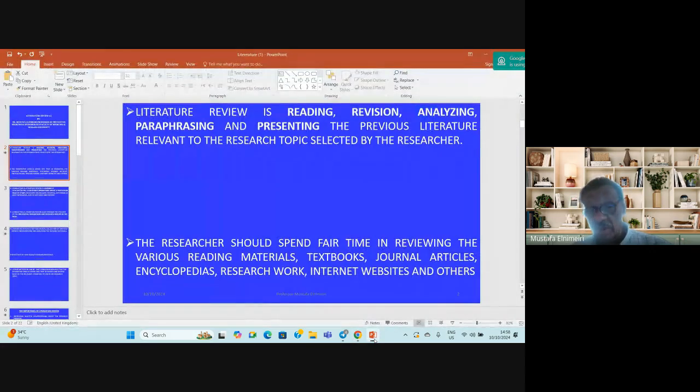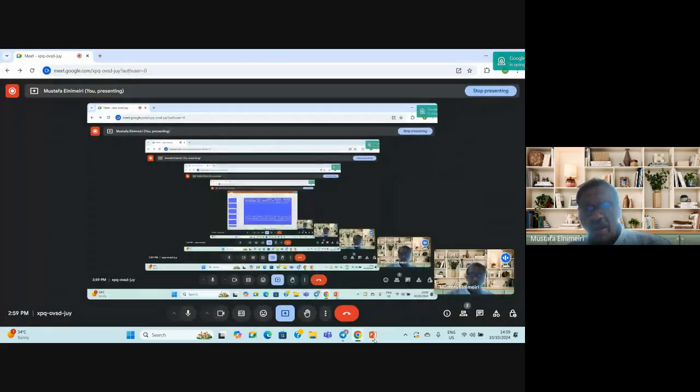So the researcher should spend fair time reviewing various reading materials, such as textbooks, journal articles, encyclopedias, research work, internet websites, and other bibliography databases. There are so many different sources that can be used for literature review.